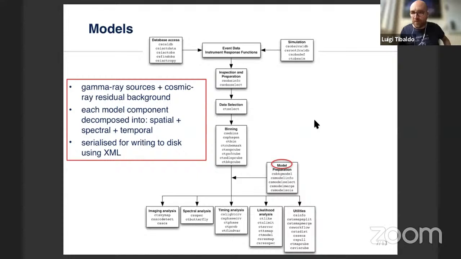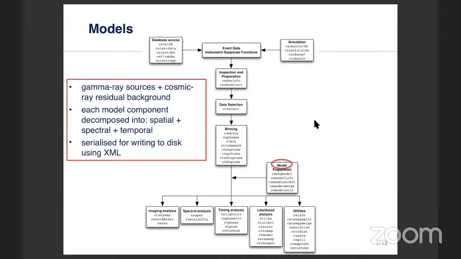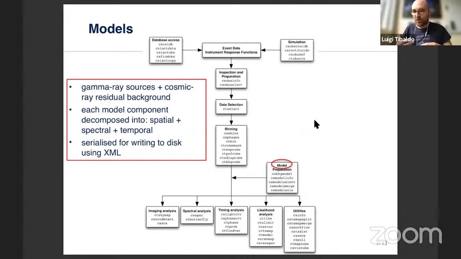The type of model that we deal with at the Ctools level is actually a model that has already been converted into photon space, meaning it needs to be a model that gives you, for a gamma ray source, the flux of photons that is arriving at the Earth as a function of direction in the sky and energy and time in case.